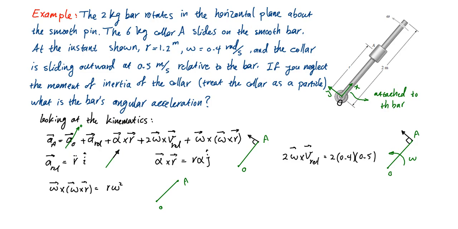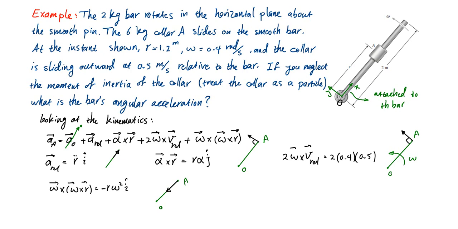So in this case, the direction is a vector from A to O. So you can just put it right there. So that would be the direction. This is the omega cross omega cross r direction. And this direction is negative i. This is x, so in the negative direction along x.